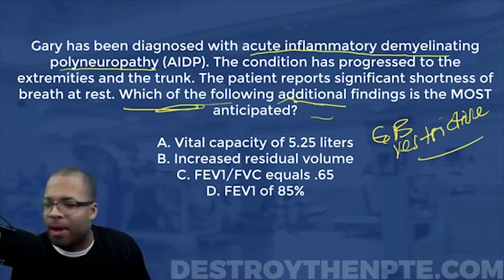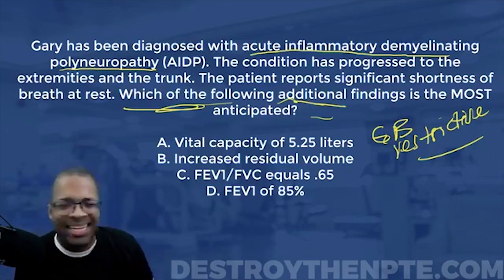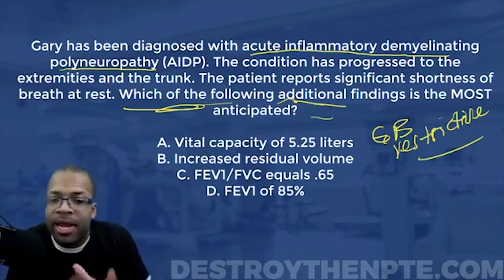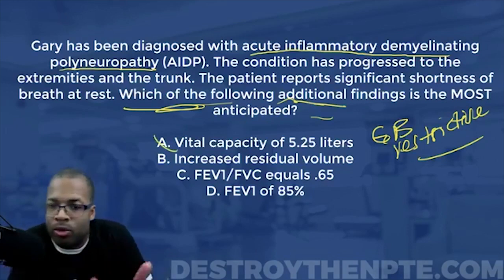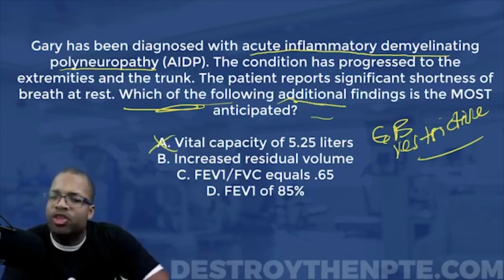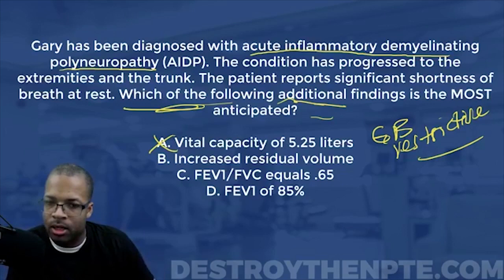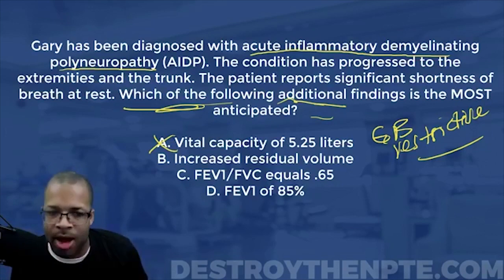The fact that it says 5.25 lets me know that's not restrictive. That's way too high for that, so we can eliminate A already. It boils down to understanding what normal vital capacity is, and what I expect with a restrictive lung condition. We expect it to be decreased. A is out.